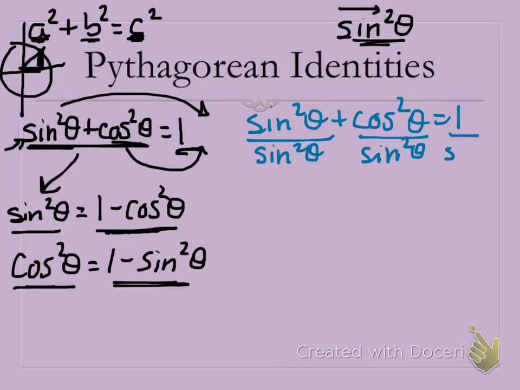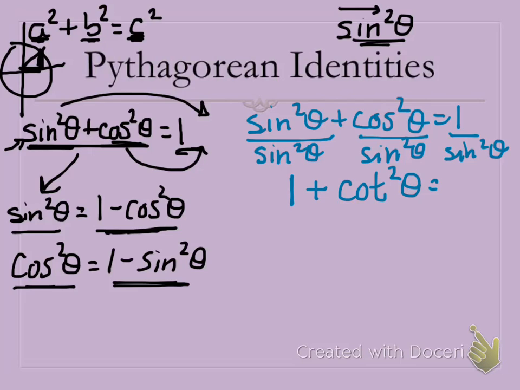So all of these terms in my original identity are going to get divided by sine squared. Well, what that leaves me with then is sine squared over sine squared, well that's just 1, plus cosine squared over sine squared. Well, we know cosine over sine is cotangent, so cosine squared over sine squared is going to be cotangent squared.